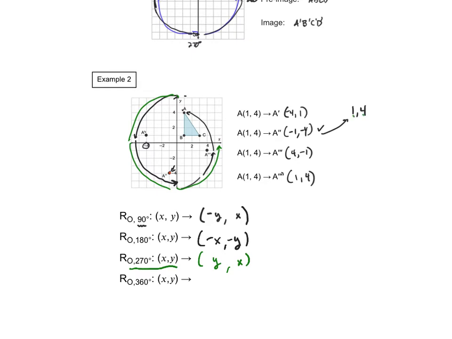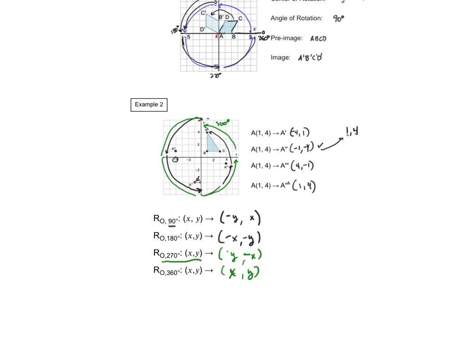So the opposite, 4, -1, and therefore we end up having a negative y, I think, or -x. And then finally, if we go 360, then we know that it just becomes x, y, because we've gone right back to its location where we started from.